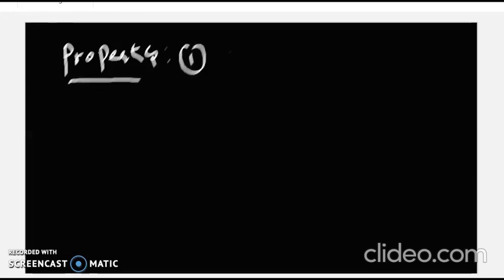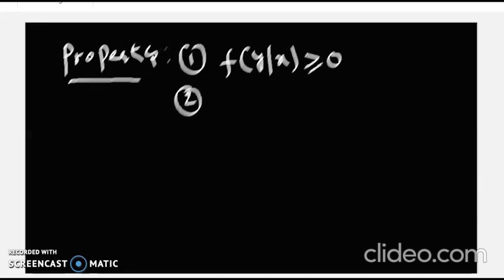The conditional probability density function satisfies the following properties. Number 1: the conditional probability density function of y given x is always non-negative. Similarly, the conditional probability density function of x given y is always non-negative.